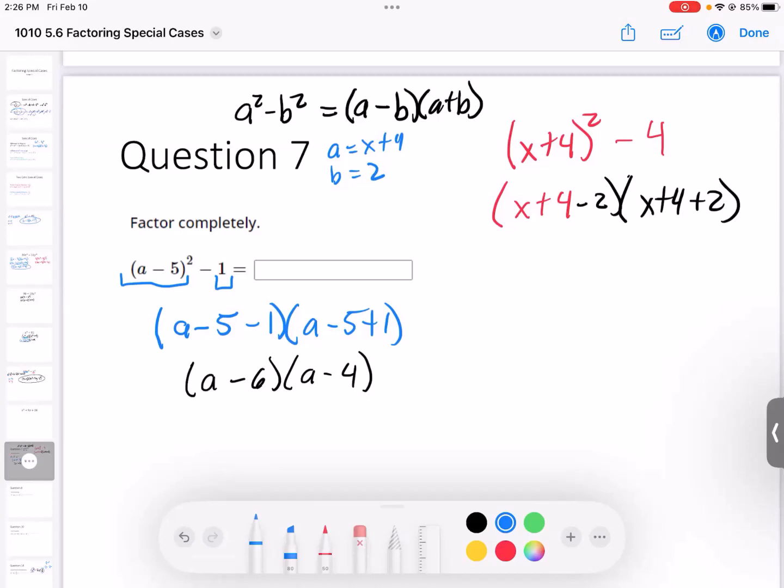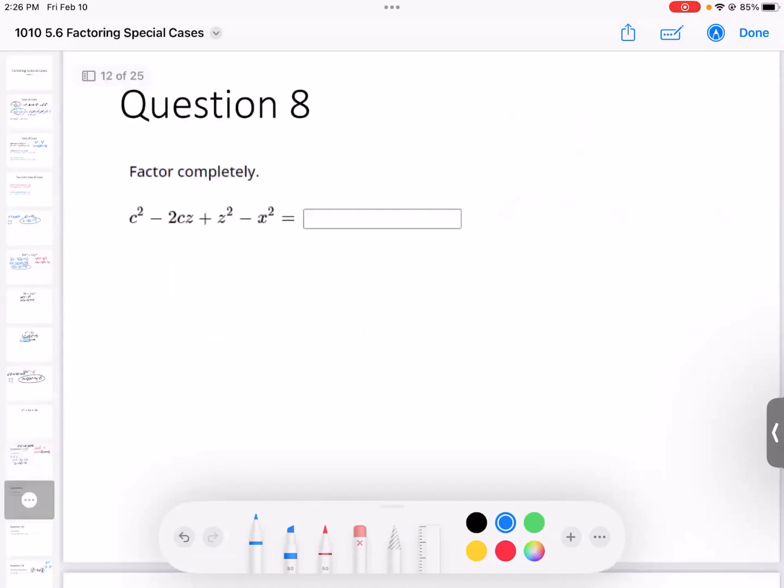Okay. The next one I want to go over is question 8. So this one I would say is probably the hardest one on the homework. And the reason for that is because of the way that they set it up. So if we have this polynomial, when we first look at it, we might be inclined to say, oh, let's do factoring by grouping because there's 4 terms, so we could split it up into 2 groups.